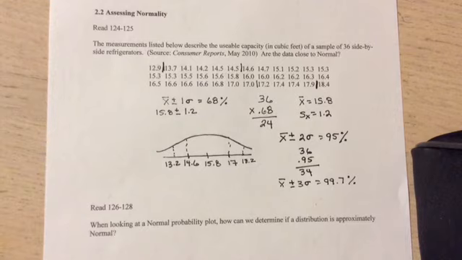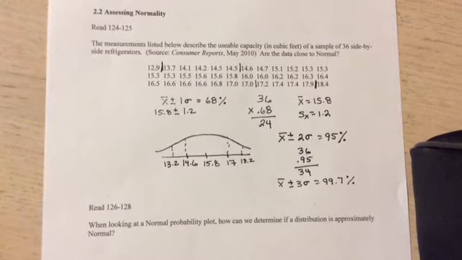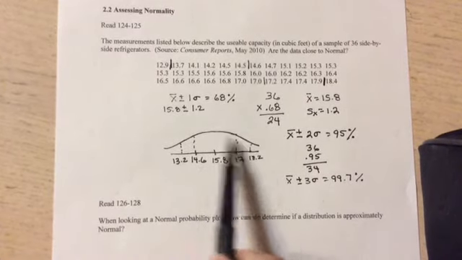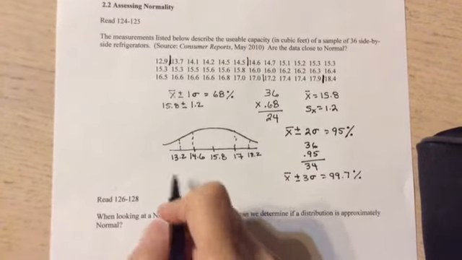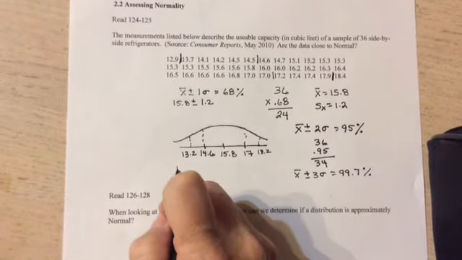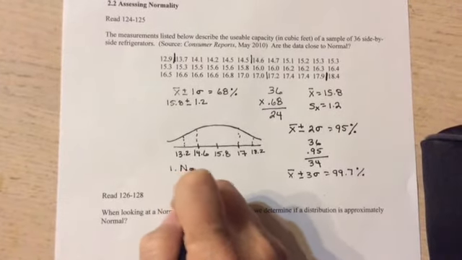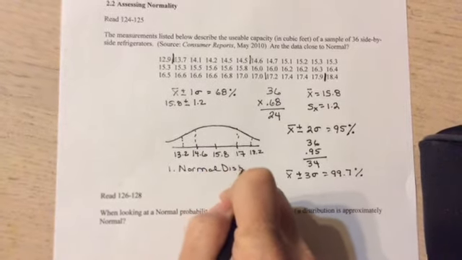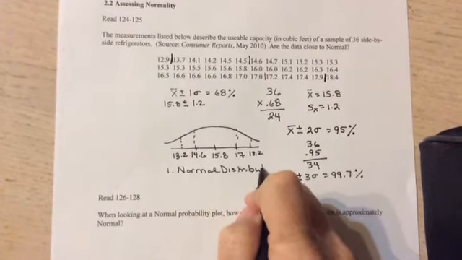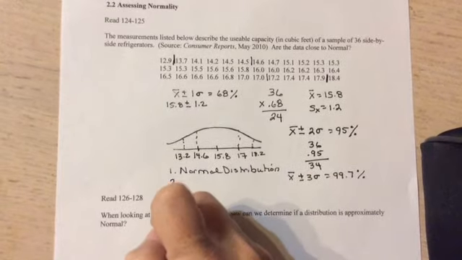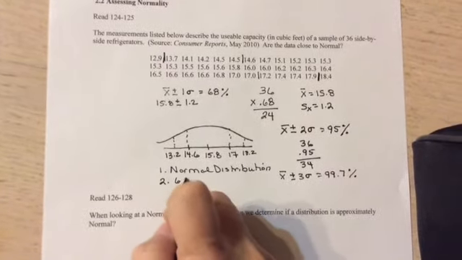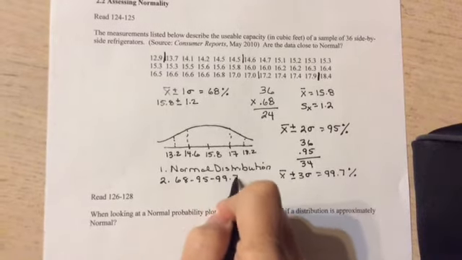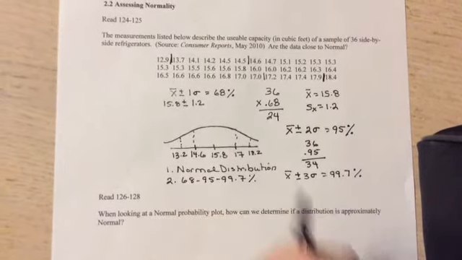All right. So for assessing normality, not only does your data have to follow a normal distribution, so that's 1, follows normal distribution, but it also must follow the 68, 95, 99.7% rule.